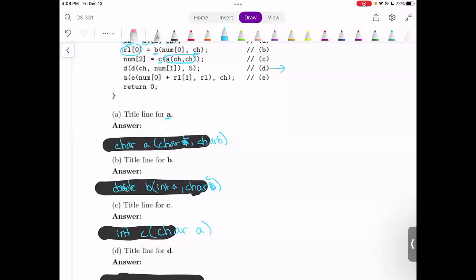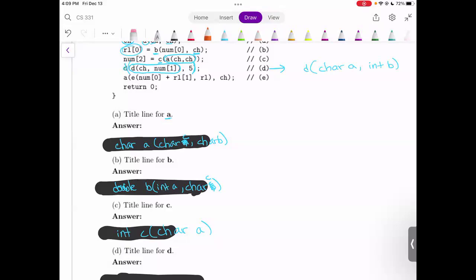So D takes in two parameters. We're going to look at this inner D first, because it's much simpler. It takes in two parameters, char a and int b, right? We can say that. The question is, what does it return? So this small d, whatever it returns, will be the first parameter for this bigger D right here.